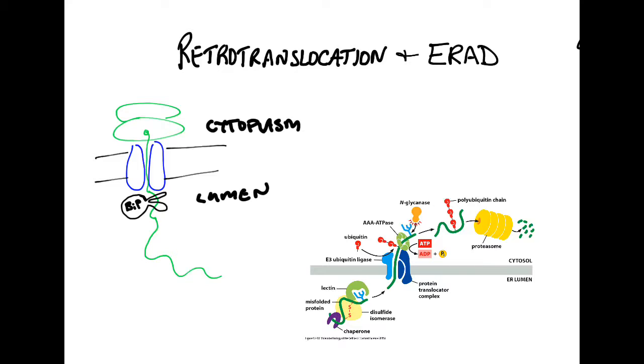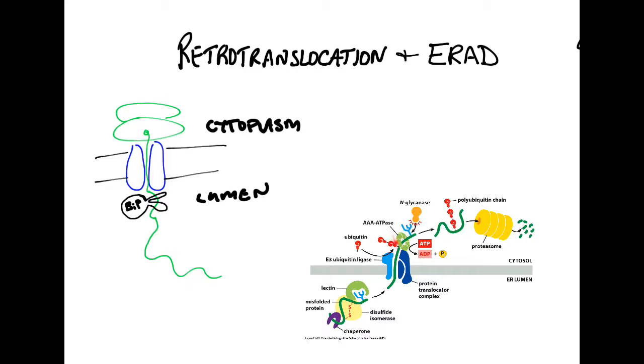What is agreed upon by pretty much everyone is what happens on the cytoplasmic surface, and that is that there is an E3 ubiquitin ligase sitting there, either as part of the translocon or interacting very closely with it on the cytoplasmic surface, such that the misfolded or unwanted protein, as it emerges into the cytoplasm, picks up ubiquitin residues.